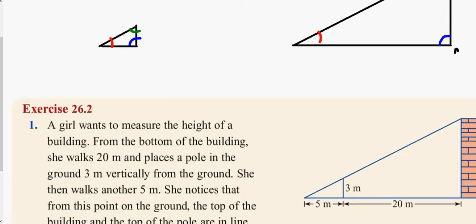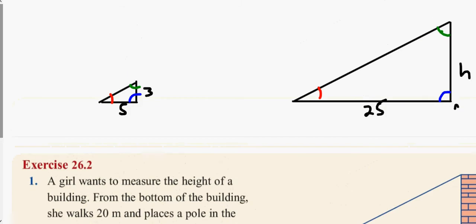What we're going to get here is 5 meters across, 3 meters up, and then we add the 5 plus 20 to get 25, and H. Now, the 3 corresponds to the H, and then we say how much bigger is 25 compared to 5.